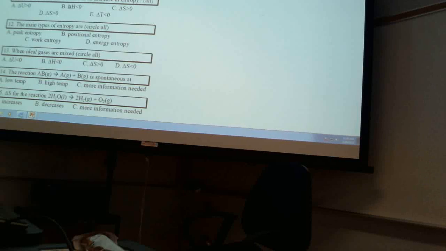They have mass. But there's no potential energy in an ideal gas, because otherwise you'd have to have a different equation for each gas. For example, hydrogen has a different potential energy than oxygen, which has a different potential energy than nitrogen.